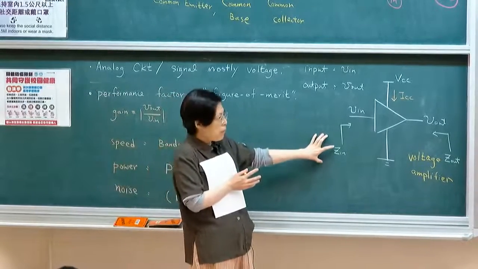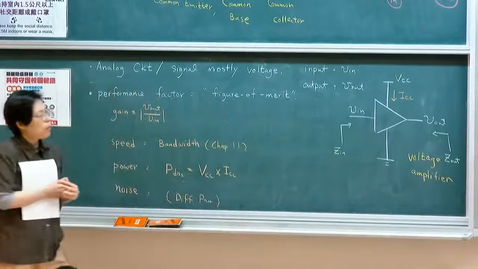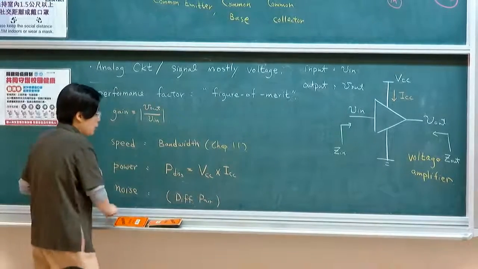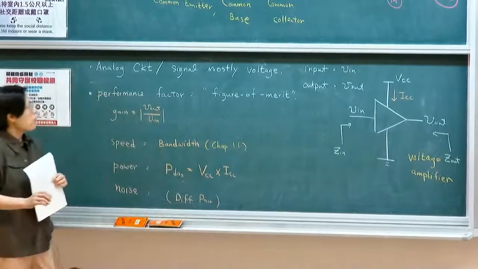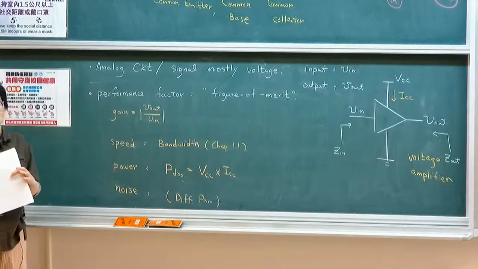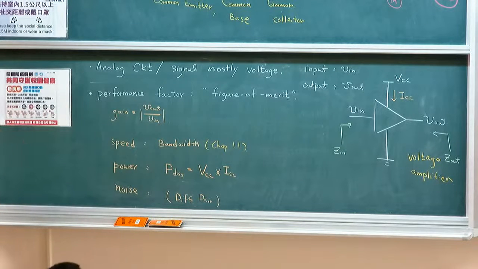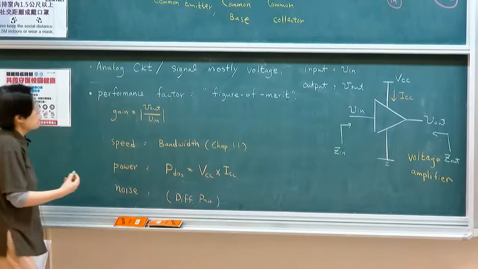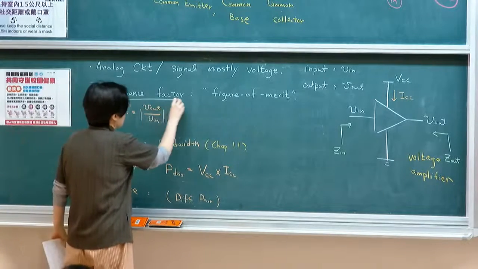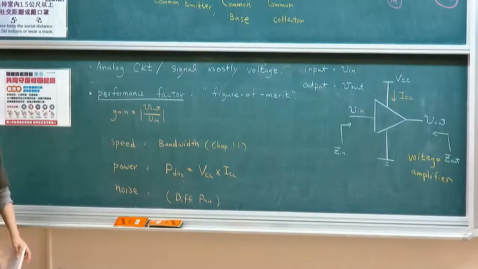the best solution would be to use a voltage amplifier. In a voltage amplifier, one of the key things people look for is the performance factors. If I give you a voltage amplifier, how does one evaluate whether it is a good or a bad voltage amplifier? These are called performance factors. What are the key performance factors a designer or a user will look for?